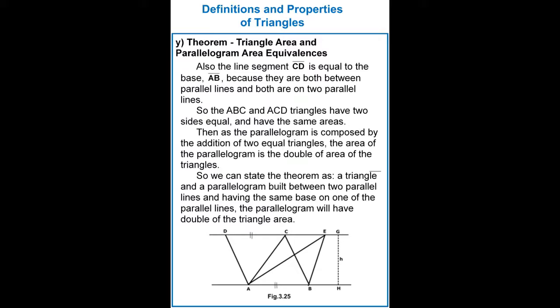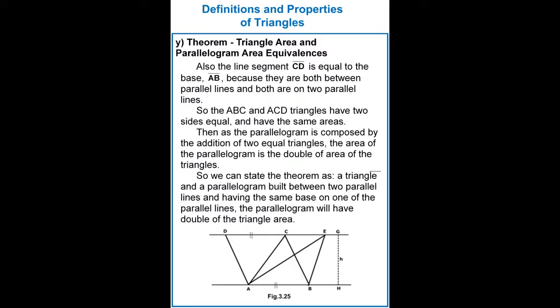In this slide, the demonstration of the theorem shown in the previous slide is continued. Figure 3.25 is shown again. Also, because the straight line segments AD and CB are parallel, and also because the straight line segments DC and AB are parallel, the segments of straight lines AB and DC have equal dimensions.